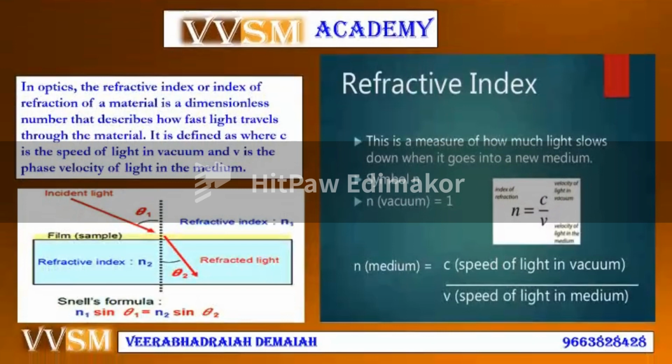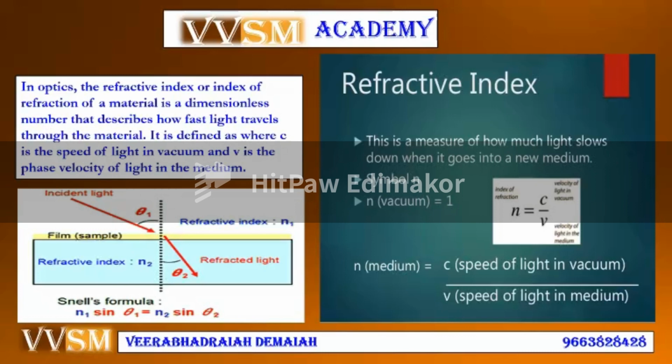In optics, the refractive index or index of refraction of a material is a dimensionless number that describes how fast light travels through the material. It is defined as n = c/v, where c is the speed of light in vacuum, and v is the phase velocity of light in the medium. Refractive index is a measure of how much light slows down when it goes into a new medium.